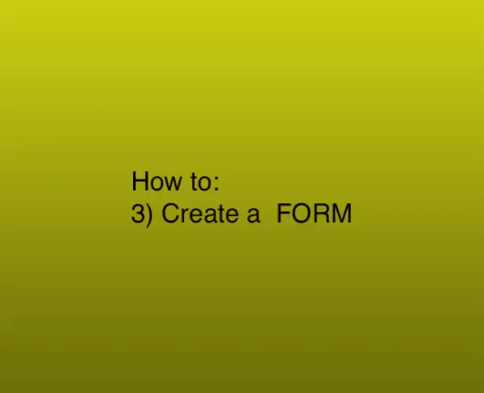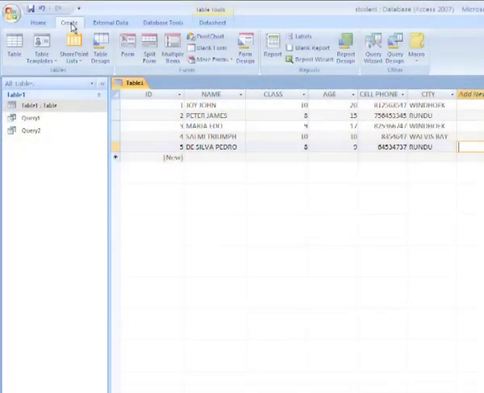Next, we're going to see how to create a form. Go back to create. A form displays the record of an individual one after the other. If you want to see the record of an individual one after the other, then what must you do? You create a form.